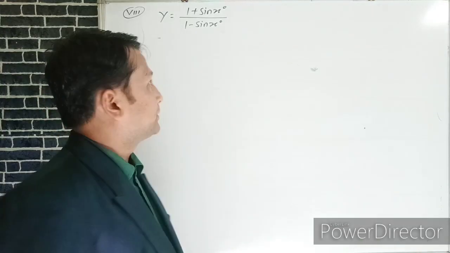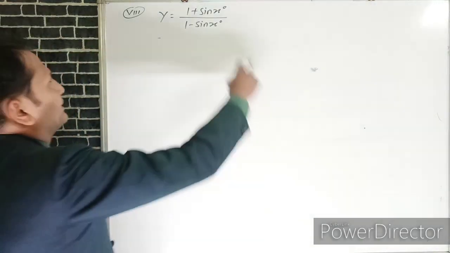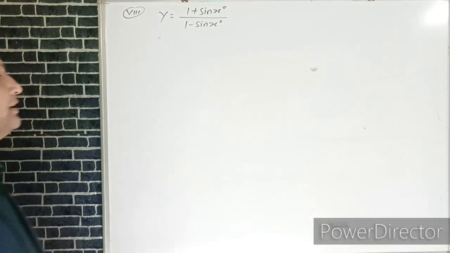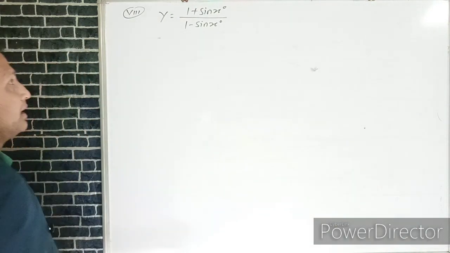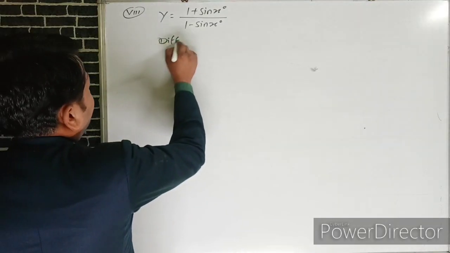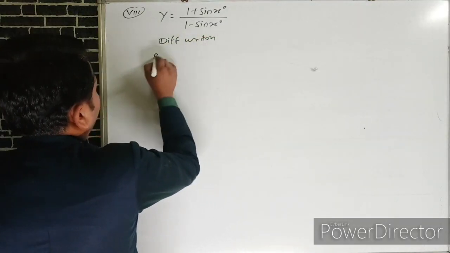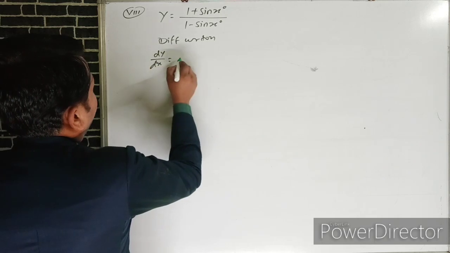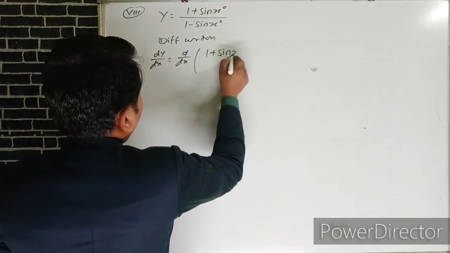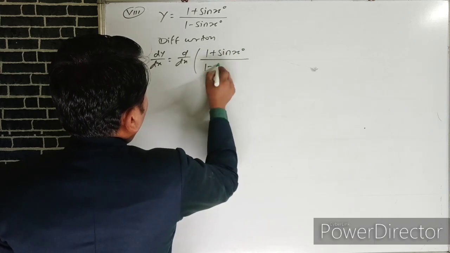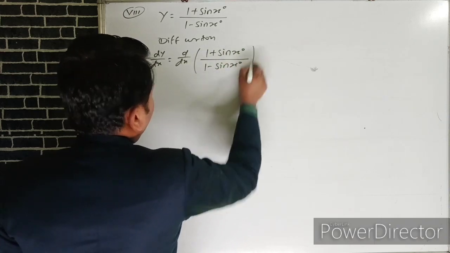In this example, we consider x degree is a composite function. After differentiating with respect to x, dy upon dx, we take the derivative of 1 plus sin x degree upon 1 minus sin x degree.